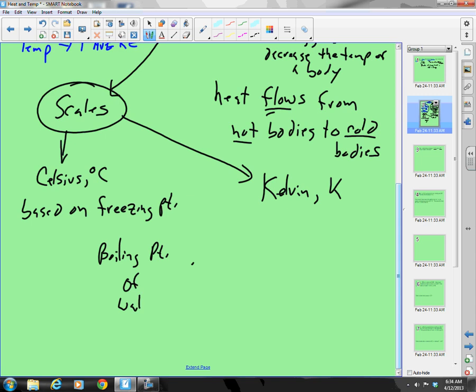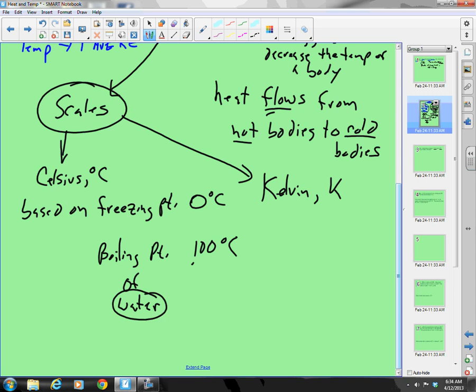So 0 Celsius is the freezing point, and 100 Celsius is the boiling point. Essentially, the freezing and boiling point of water is Celsius.